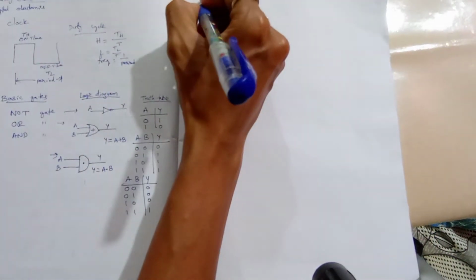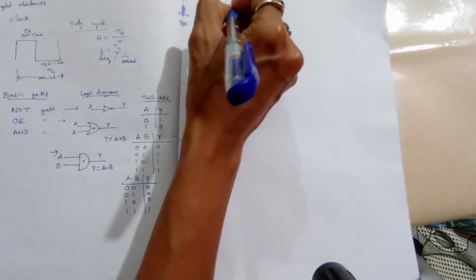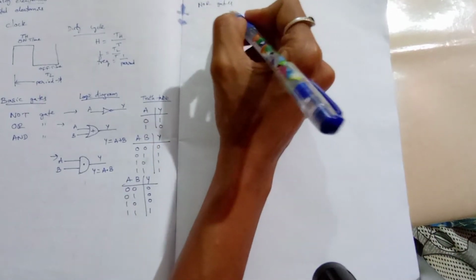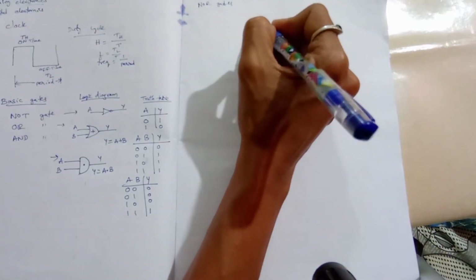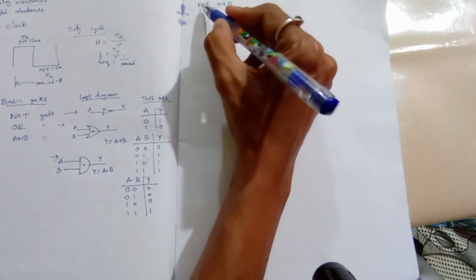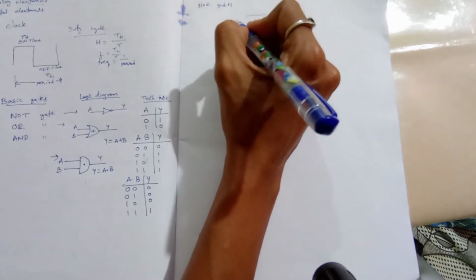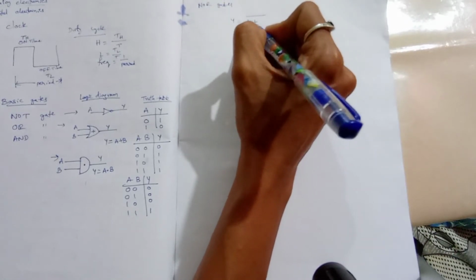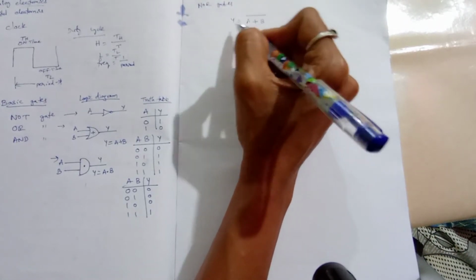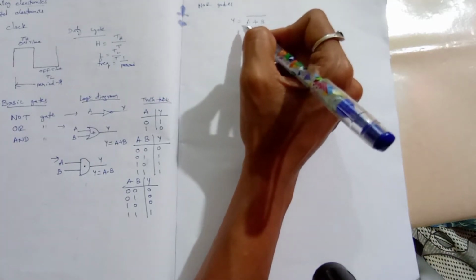The representation: OR symbol plus, okay, and NOR means bar. So Y is equal to, if we are taking two inputs A, B, A plus B whole bar is said to be NOR gate expression.